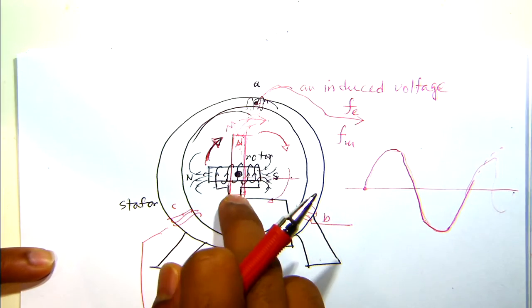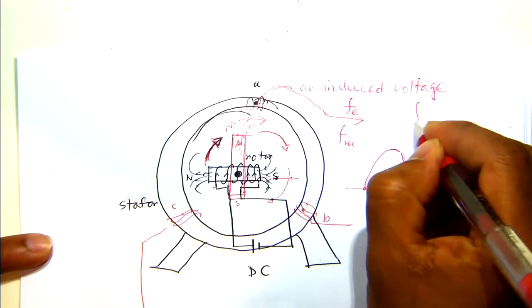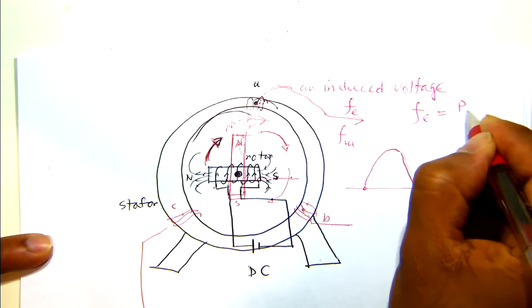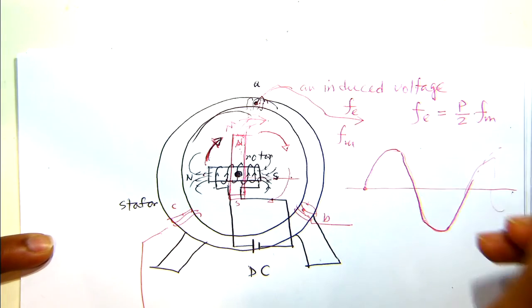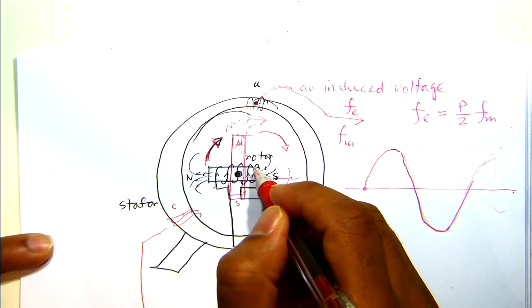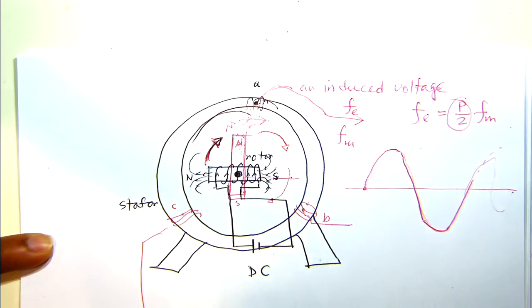So you will see later an equation, Fe equals P over 2 times Fm. In this case, Fe and Fm are the same because we have 2 poles here.